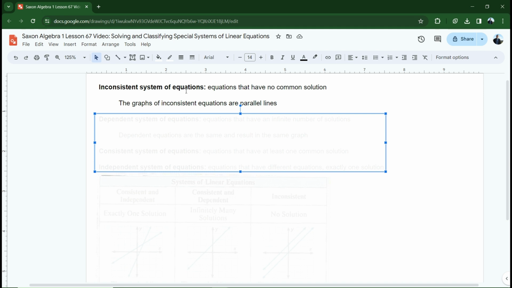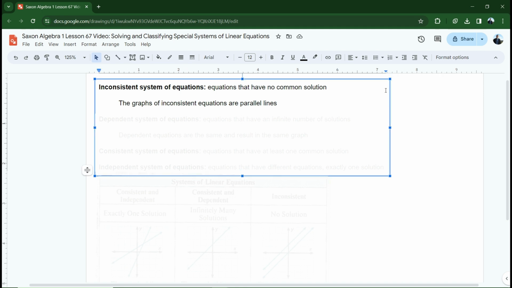And for that to happen, we must have parallel lines. The only way that can ever happen, as long as we're talking about linear equations, is if the lines that make up those graphs are parallel to one another.